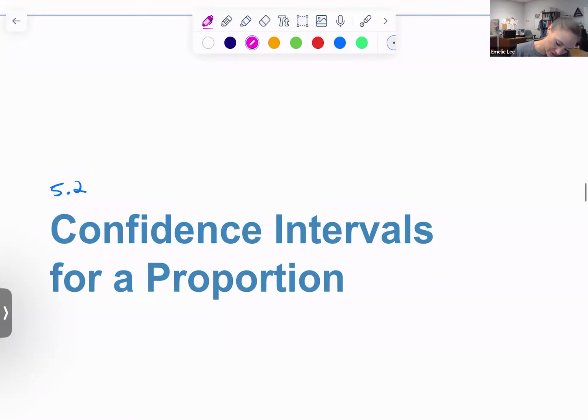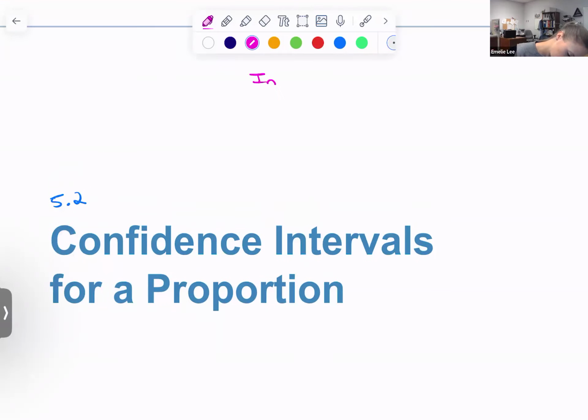In terms of inference, there are two things that we can do. We can build a confidence interval. It's going to have some bounds.